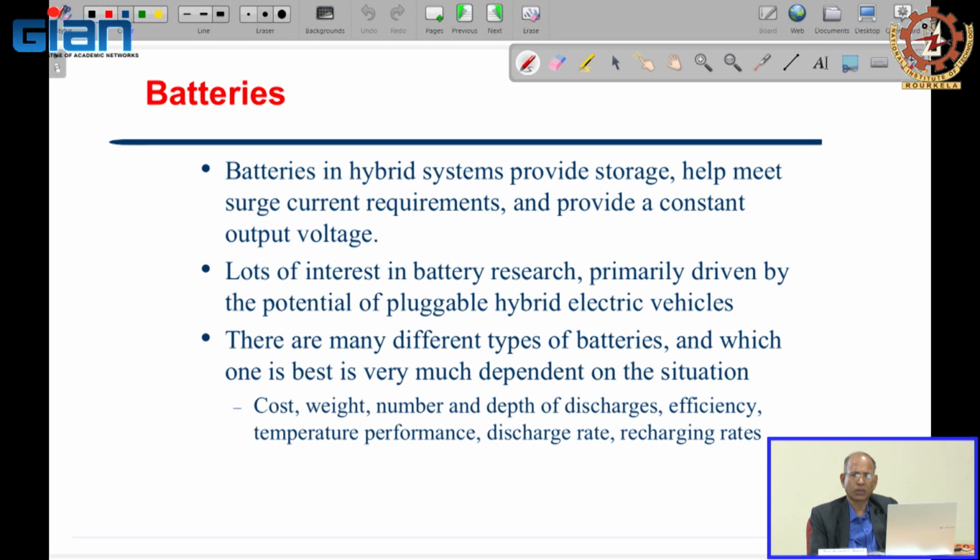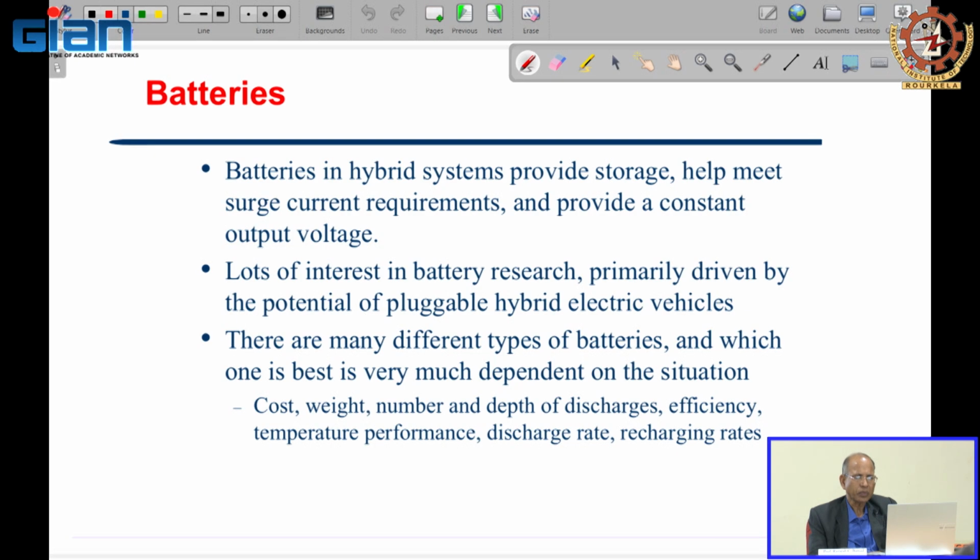You have to give consideration to several parameters. When you are selecting the battery, you give the cost consideration, very important. How much will be the weight of the battery, particularly when you are talking about electric vehicles.